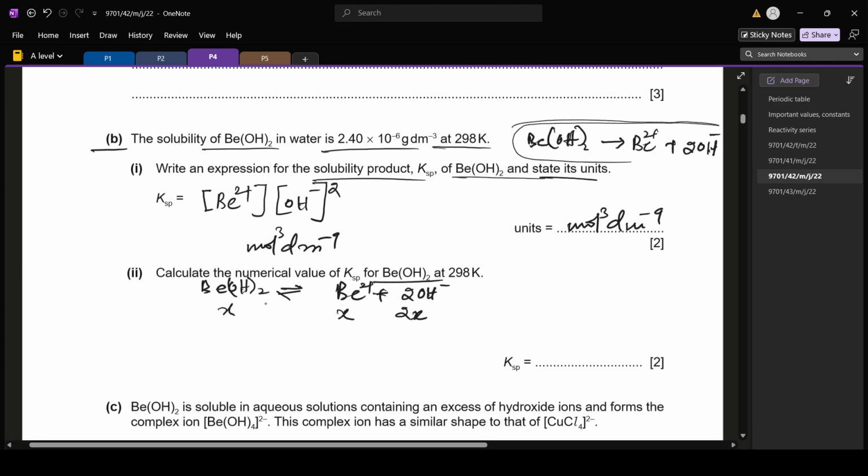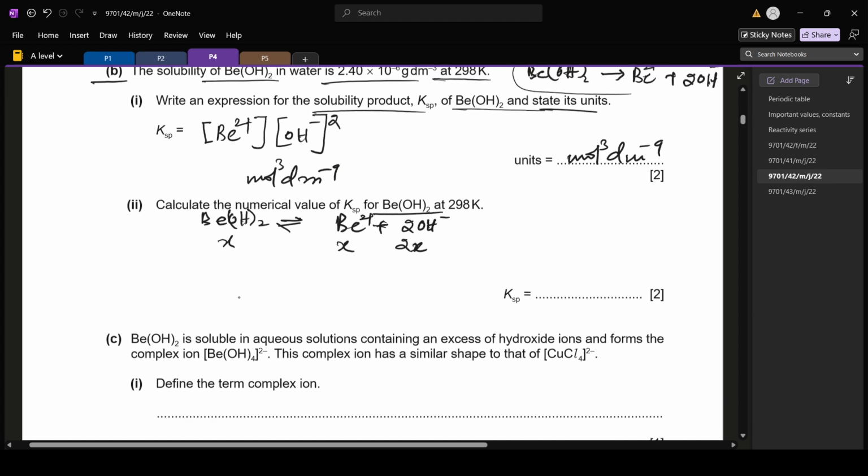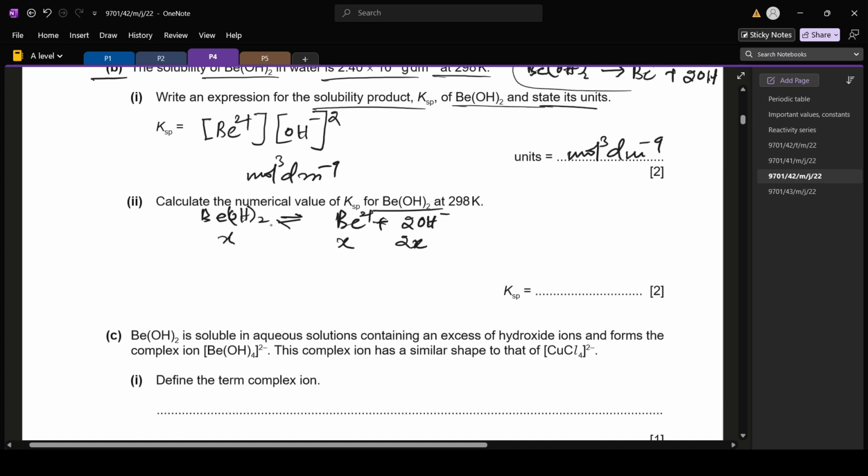Let's suppose when 1 mole of barium hydroxide dissolves, 1 mole of barium 2 plus ions will form, and then 2 moles of OH ions will form. I hope it's clear up to this point.